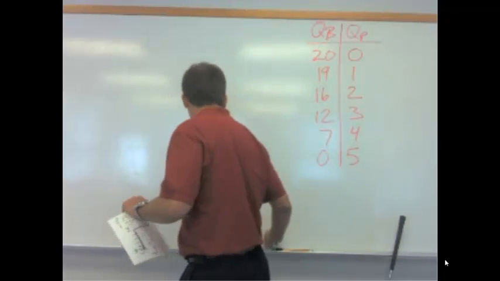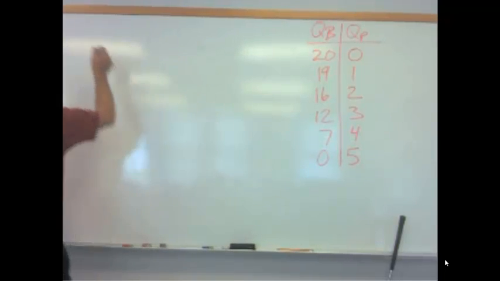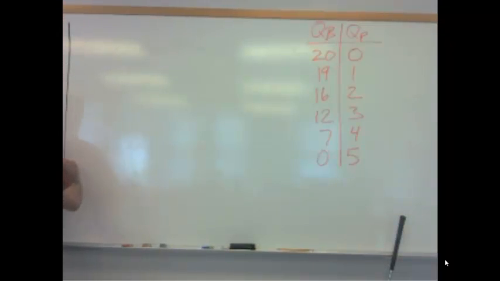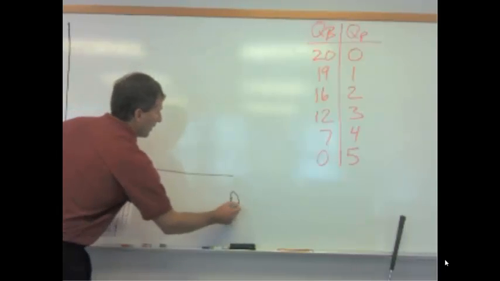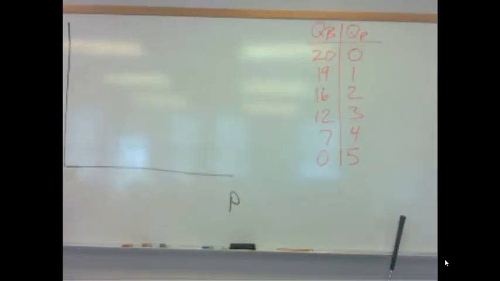Sometimes we get sloppy, but since this is one of our first ones, I want you to be kind of careful with it. And so what I mean by being careful is I want you to evenly space the numbers because we need to see something pop out of this.